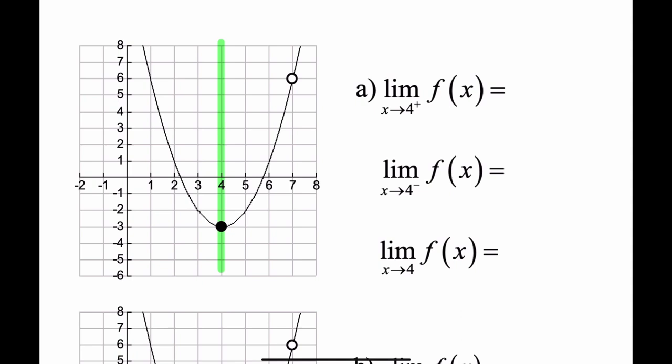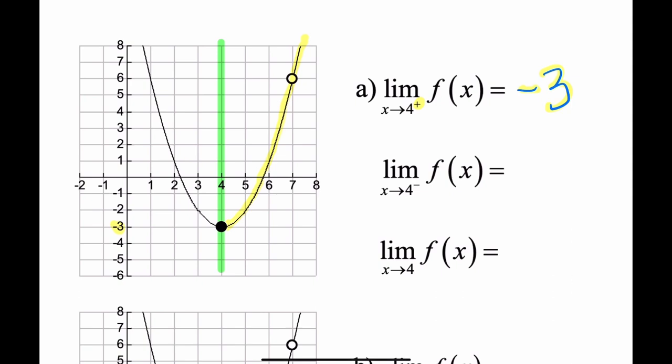Okay. And now we're going to be observing what is the limit as I approach 4 from the left side. Oh, no, sorry, it's starting with the right side. So I'm going to go ahead and trace from the right side. And I'm approaching 4. And I get to the y value of negative 3. Okay.